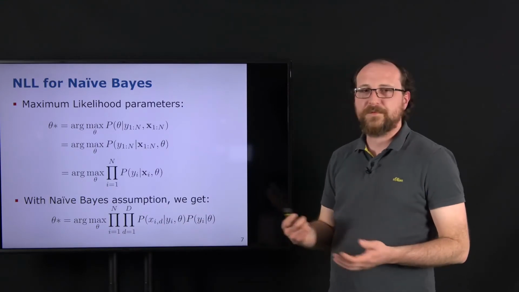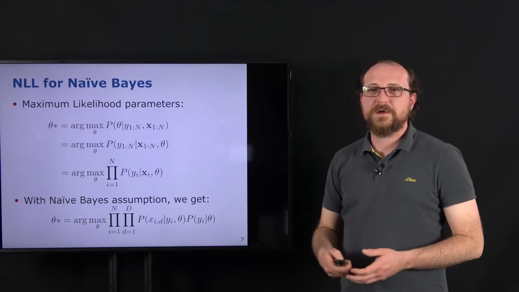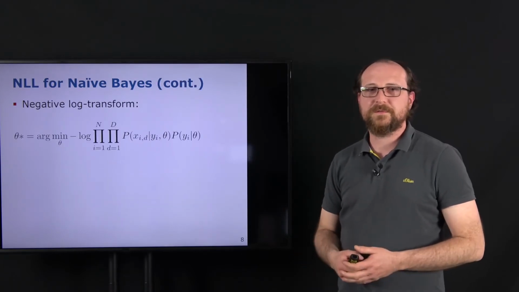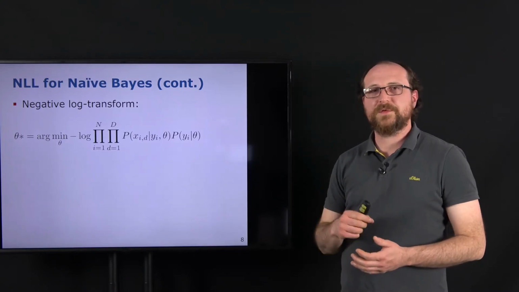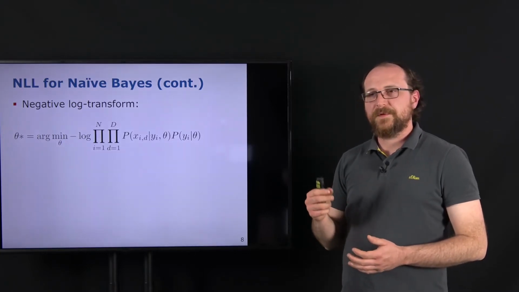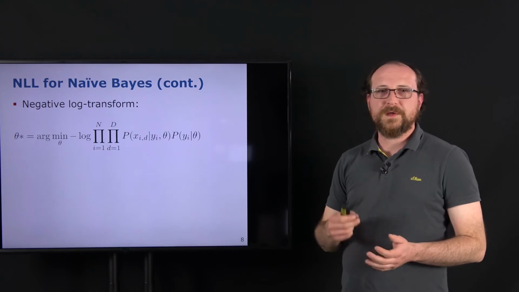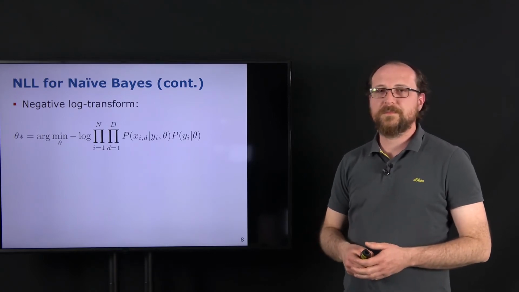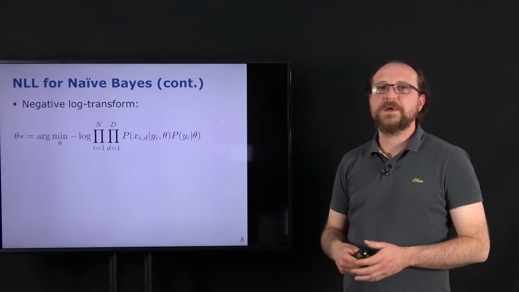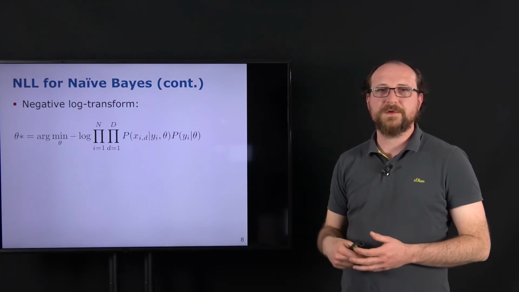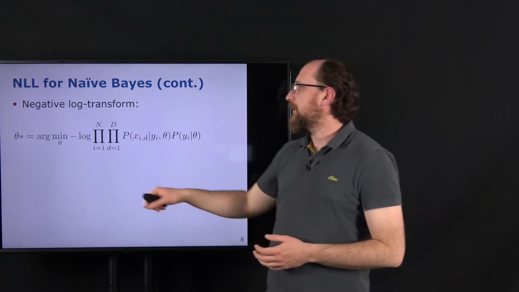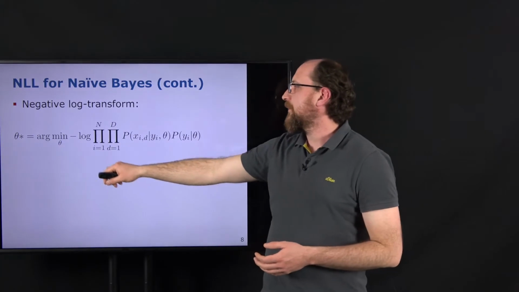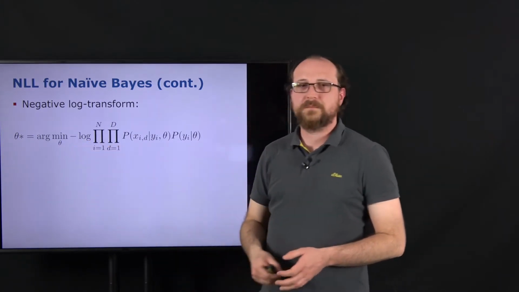And with this, we can then go on and use the usual trick, the negative log transform, which ensures that with the logarithm, we get in the end the same maximum out, even if we use the logarithm before, and with the negative log likelihood, we want to have a minimization in the end. So therefore, the maximum changes here to the minimum, and we're just putting in front of it a minus log.